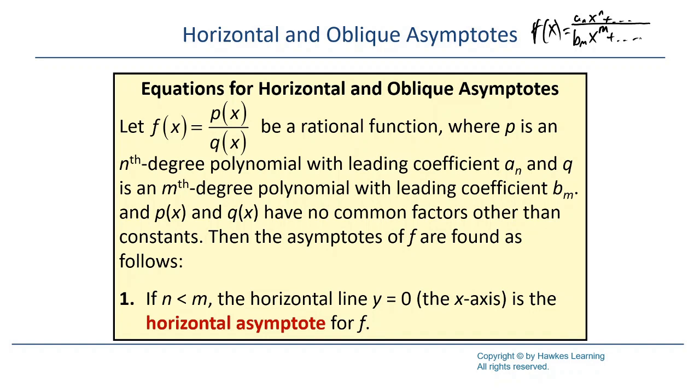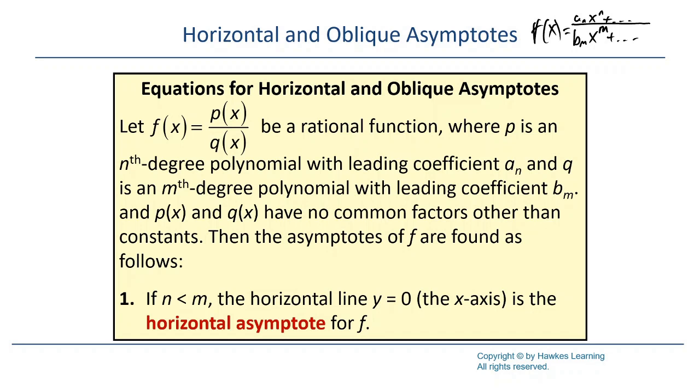The reason that I just write stuff is because I only care about the leading coefficients of the highest power. Because remember, when we talked about end behavior, it was the leading coefficient and the highest power that determined all that. Same thing here for the horizontal asymptotes.